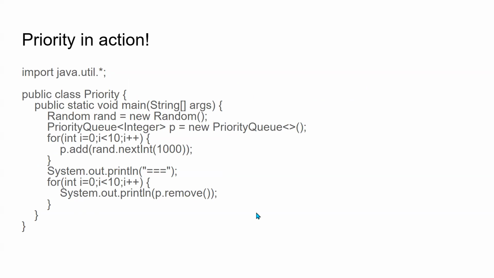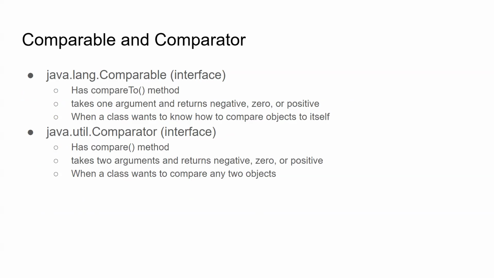Sorry, the comparable method that we know and love has a compareTo method, and it takes one argument and returns these values. And when a class wants to know how to compare objects to itself, it implements this interface. However, suppose you don't want to use the normal way of comparing that's built into the class.